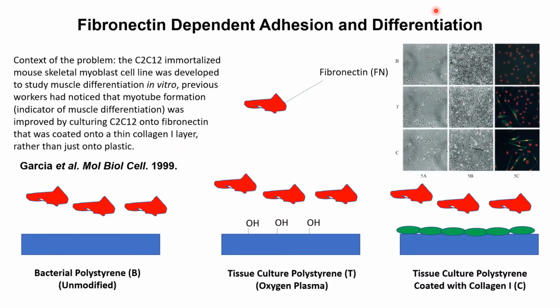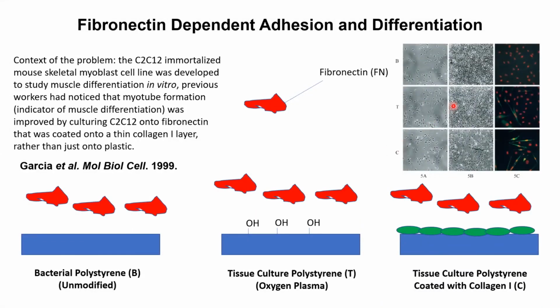Andres was interested in the late 1990s in the observation that if you wanted to take myoblasts and study their conversion into muscle tubes that stain positive for these green muscle proteins with this antibody assay, it was better to culture them on fibronectin-coated collagen than on either regular polystyrene or tissue culture polystyrene.